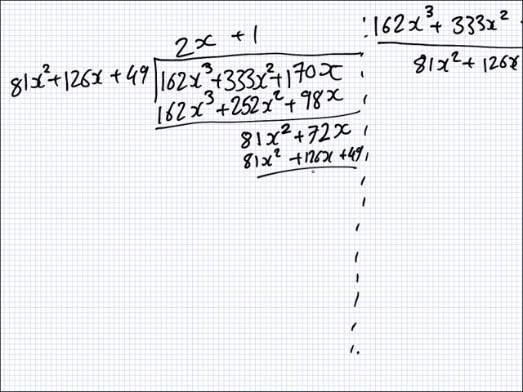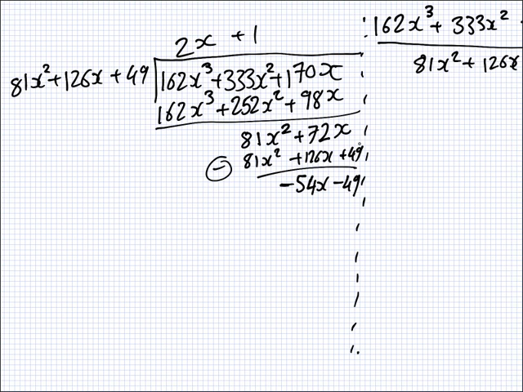So 72 minus 126 is minus 54x, and minus 49. Top minus bottom. You minus the two lines.